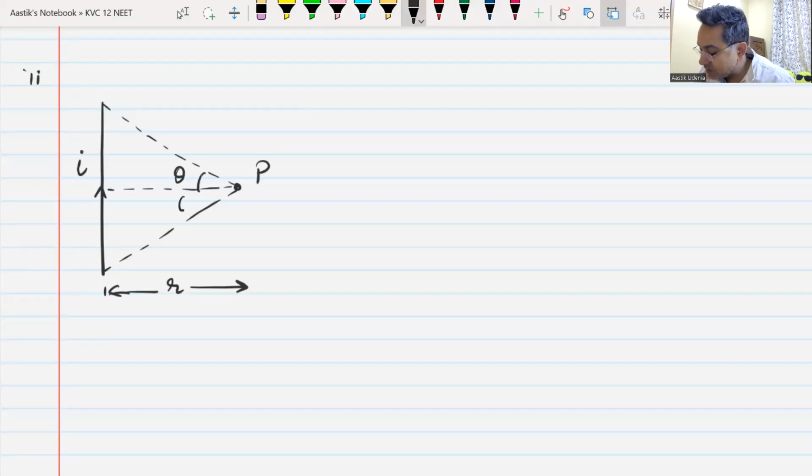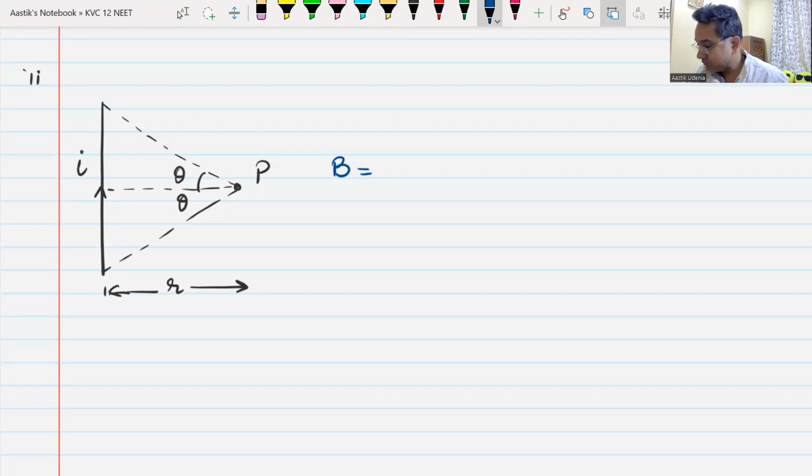Let me call them theta and theta. Now can anyone tell me what will be the answer in this case? I have already given you the general answer.